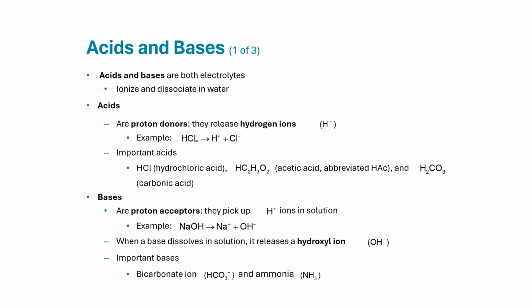So an acid, proton donors, they're going to release hydrogen ions. So that's why we have a hydrogen ion here. So it's going to break apart the H and the Cl into ions. Important acids that we have are hydrochloric acid, acetic acid, and carbonic acid.